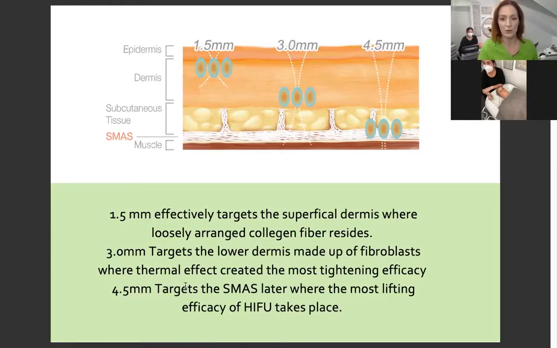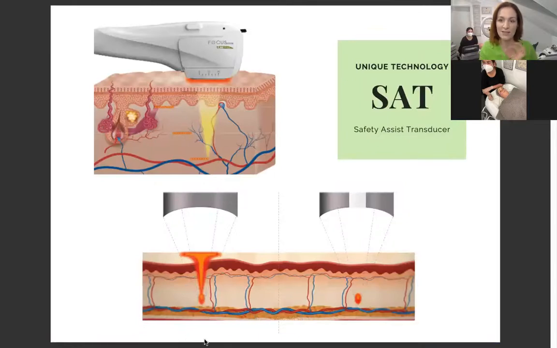Okay, so you can see here what makes the HIFU with the Focus Jewel so unique, that it has this safety assisted transducer. So within the handset, this little area here is a dome, and that's where the energy is produced. That then travels down into that lower layer of the skin.